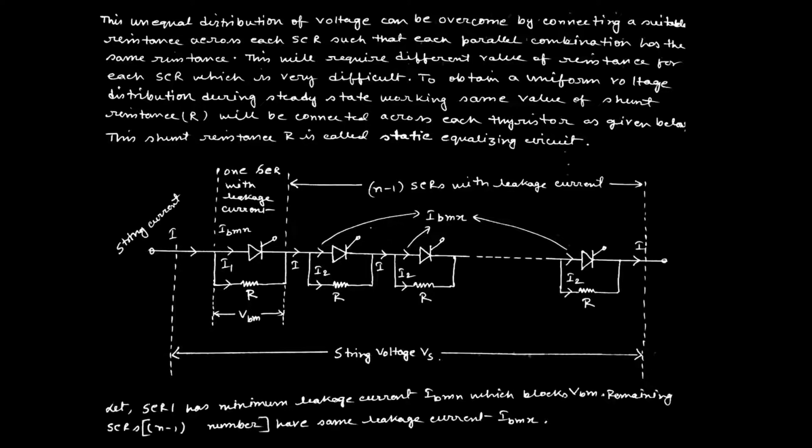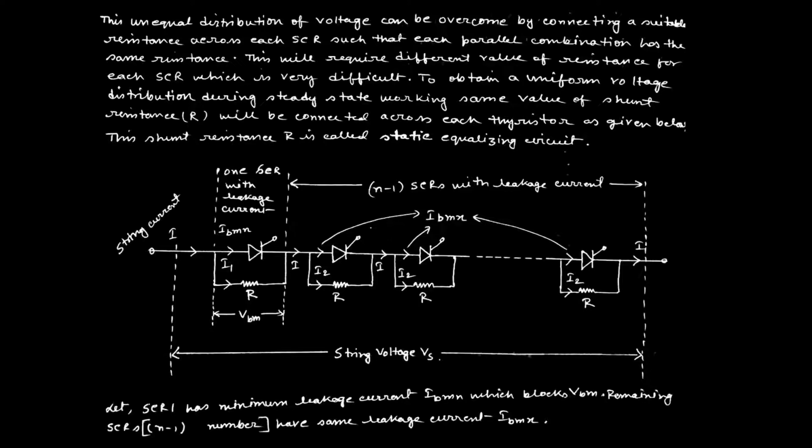This will require a different value of resistance for each SCR, which is very difficult to identify. So, to obtain a uniform voltage distribution during steady state working, the same value of shunt resistance will be connected across each SCR as given below, and this is why we can design the particular value of resistance.